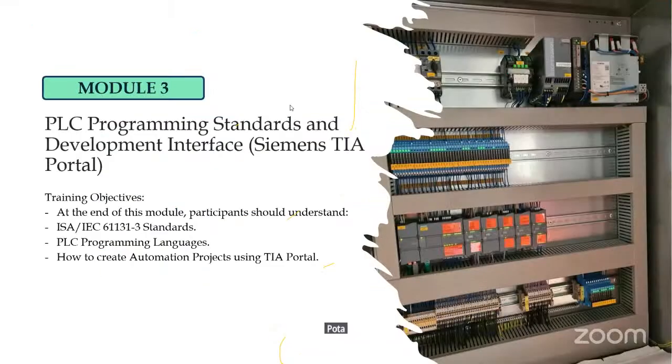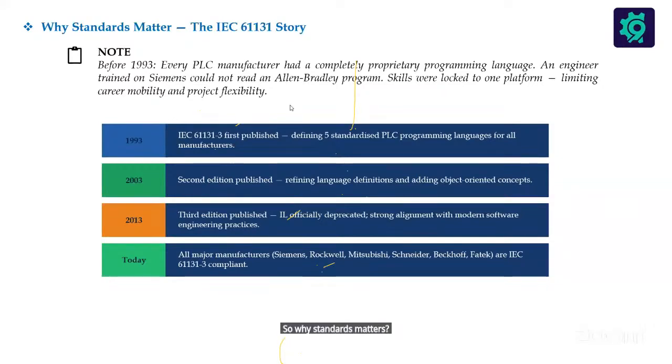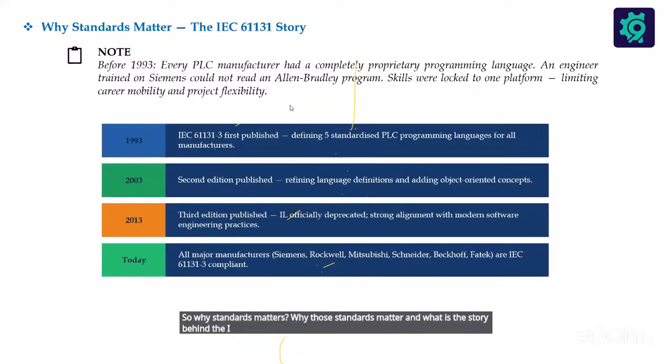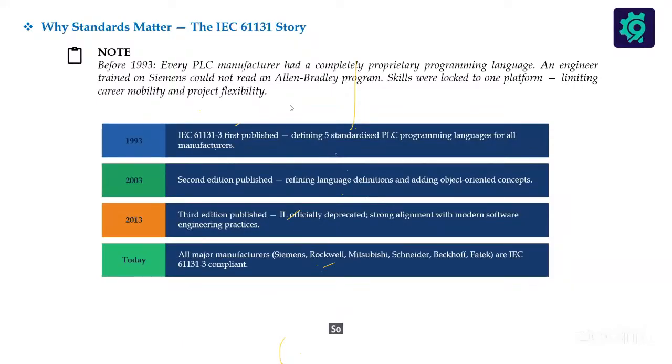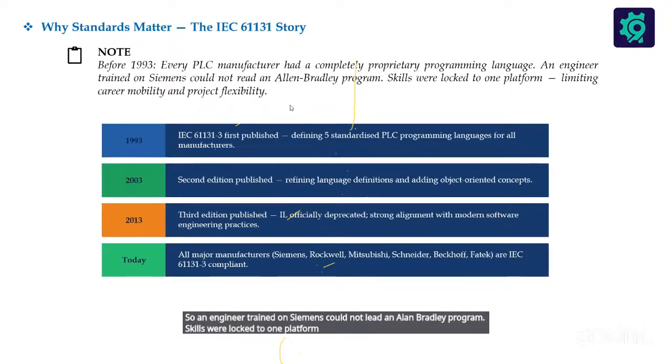So why do those standards matter, and what is the story behind the IEC 61131? Before 1993, every PLC manufacturer had a completely proprietary programming language. So an engineer trained on Siemens could not read an Allen Bradley program. Skills were locked to one platform, limiting career mobility and project flexibility.